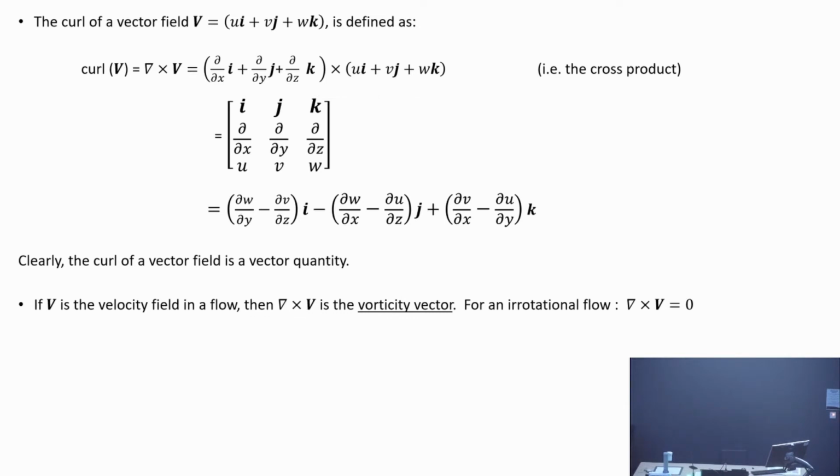So again, next time you see this in a textbook and it is equal to 0 in 2D, that is just the vorticity being 0, i.e. your flow is irrotational. So that's it. That's in 2D. The vorticity vector is just dv dx minus du dy. Any questions so far?